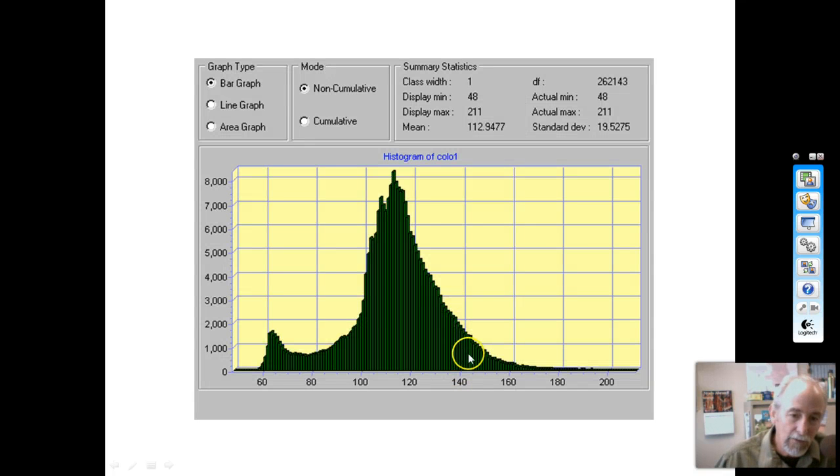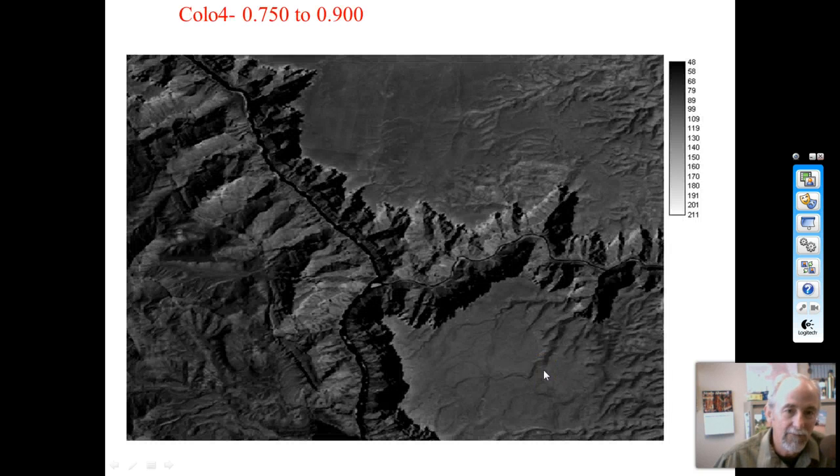And so here's a histogram of that same image with about 250,000 pixels, I think, in that image. And so you get pixel counts in the histogram, all the way across the 8-bit range from 0 up to 255. And so here's channel 1 in that fashion. Here's channel 4, and again you can see there's quite a bit of change here in the way that this appears.